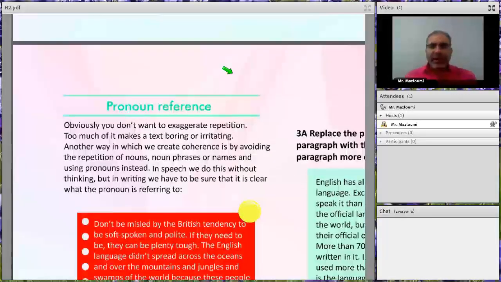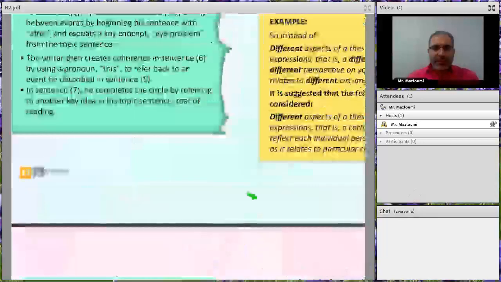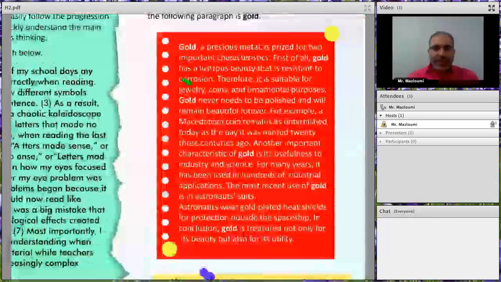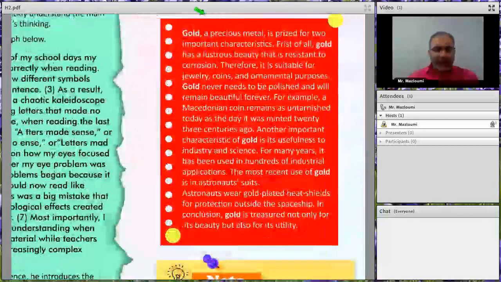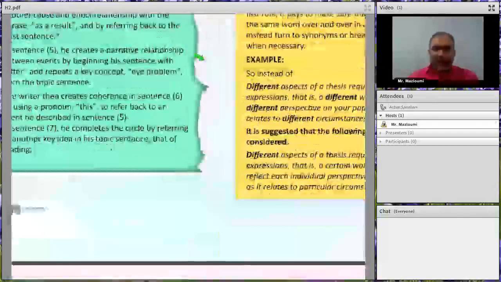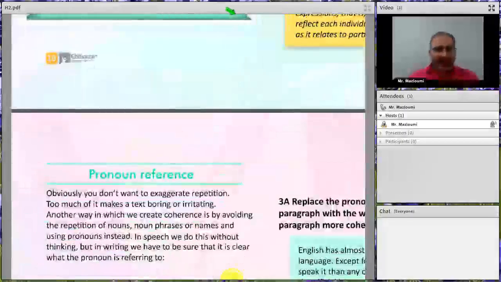A coherent paragraph makes sense and is easy for the reader to follow. There were some tools to achieve this. We dealt with the first one, that is repeating the keywords or phrases. Today we'll be dealing with the rest.